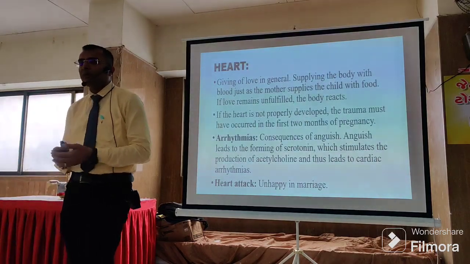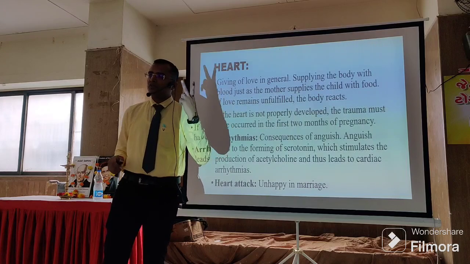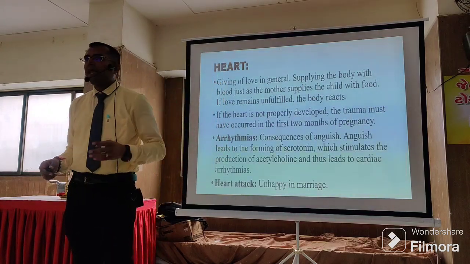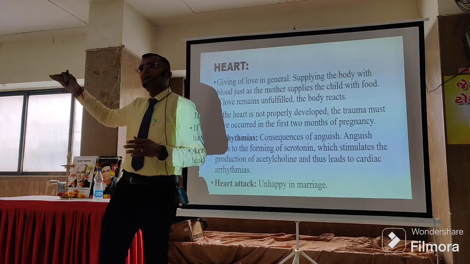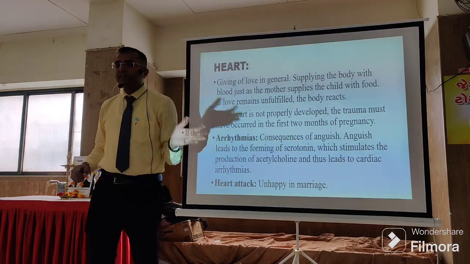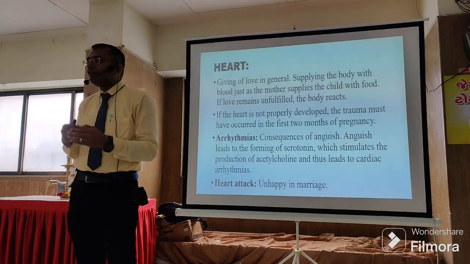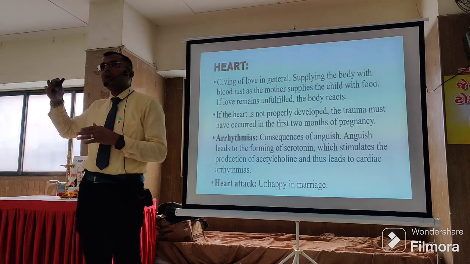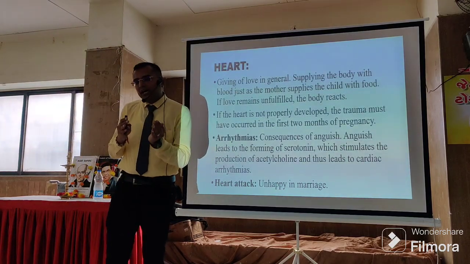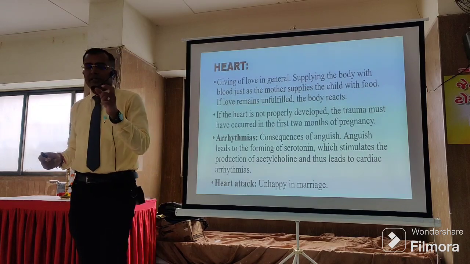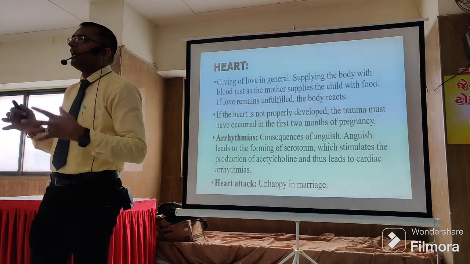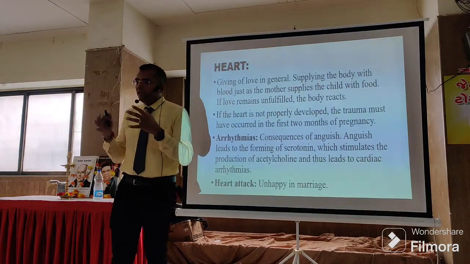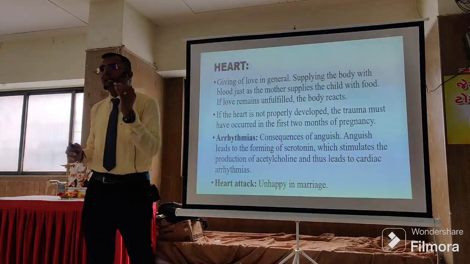If the heart is not properly developed, the trauma must have occurred in the first 2 months of the pregnancy, anatomical structure. Okay? Arrhythmia: the heart was developed, but functioning is disturbed. As a consequence of the anguish, most of the time the anguish produces a high adrenaline rush, and that adrenaline rush gives rise to uncontrolled SA node stimulation, giving rise to fluttering, arrhythmia, asystole, and supraventricular and supraatrial tachycardia.